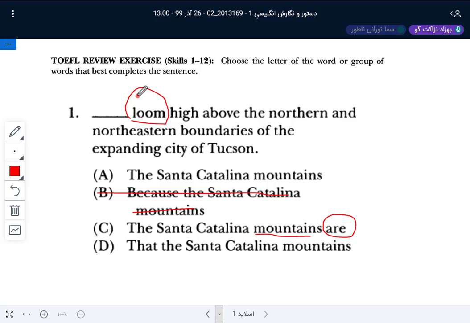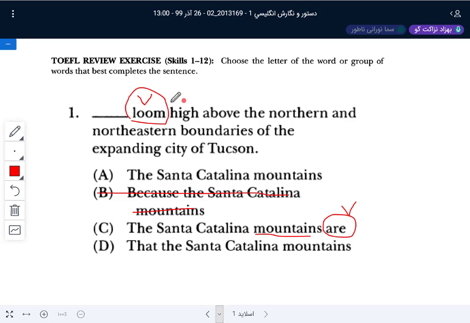Loom means appear or emerge, sometimes as a vague form. When something which is large or threatening appears, we use the verb loom. So we cannot have two verbs at the same time.